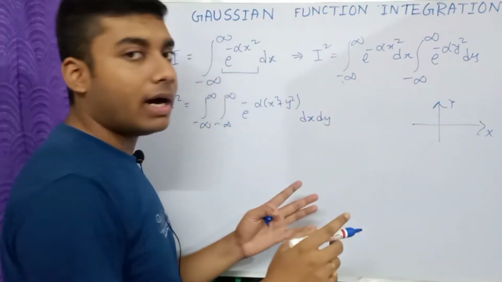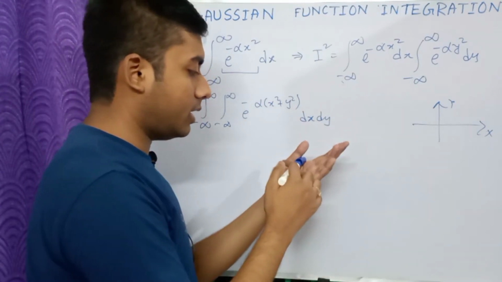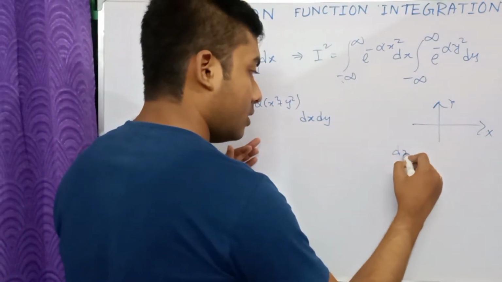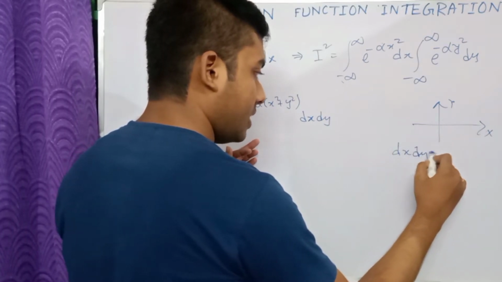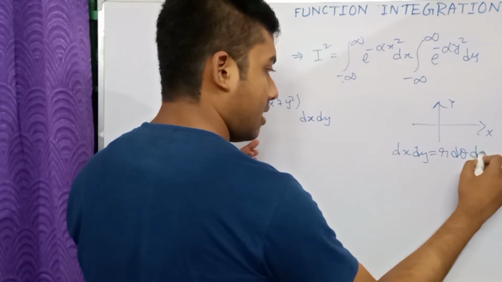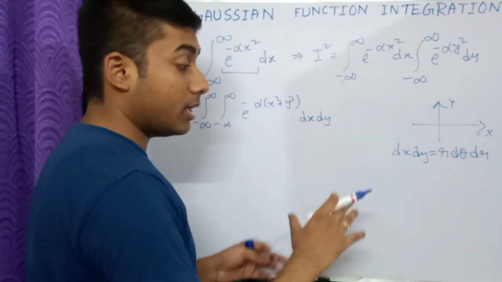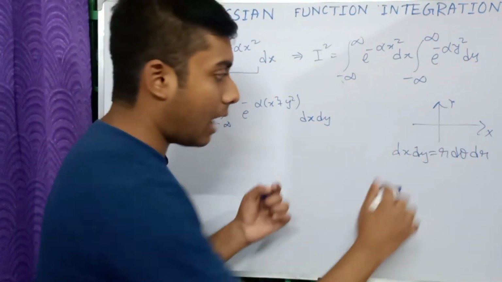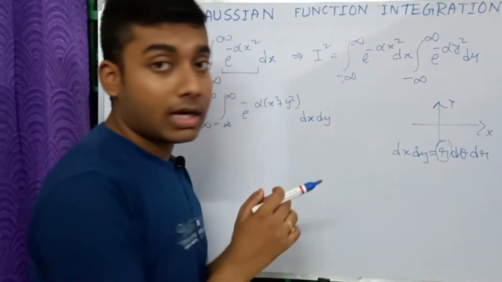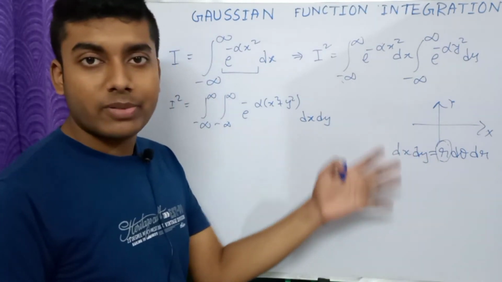If we convert from the Cartesian system to polar coordinates, then we know that dx dy becomes r d theta dr in plane polar coordinates. How this factor comes, you can easily understand with the help of Jacobians.